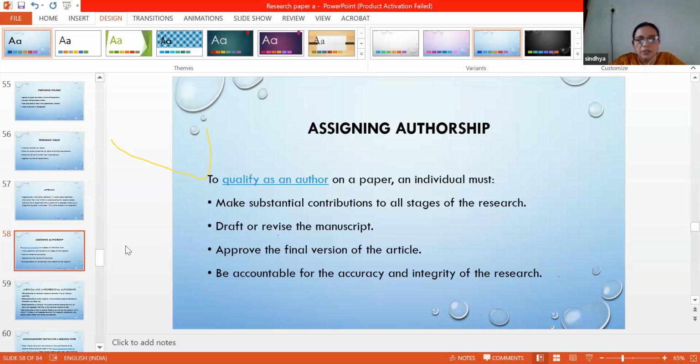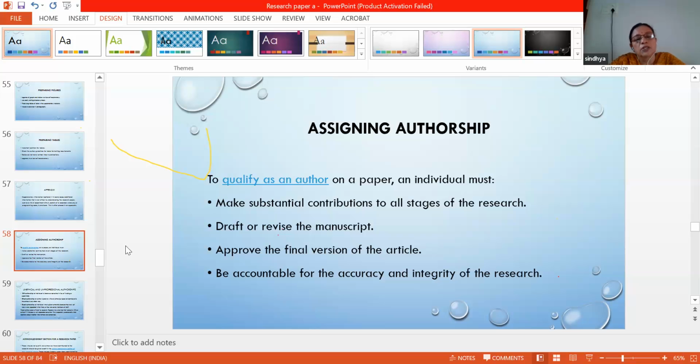If you are an original researcher, you can be an author because you have undertaken all the processes by yourself. So your contribution to all stages of research is evident. In that case, you can be an author.